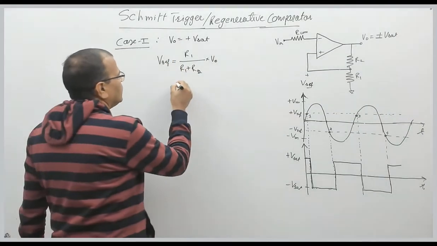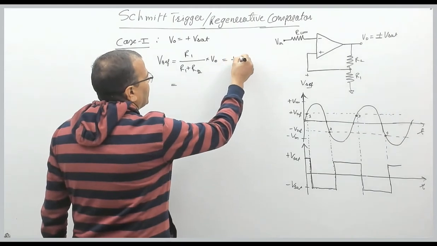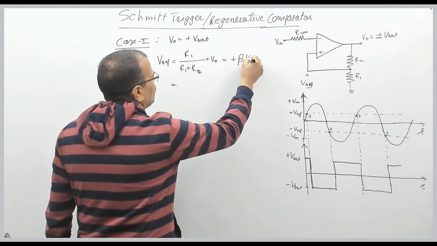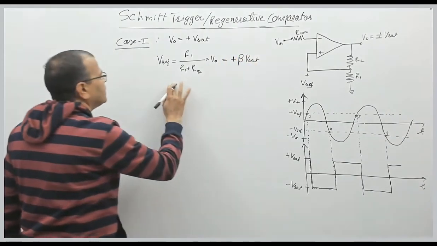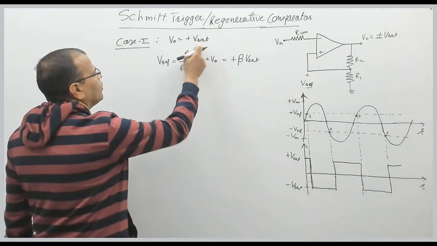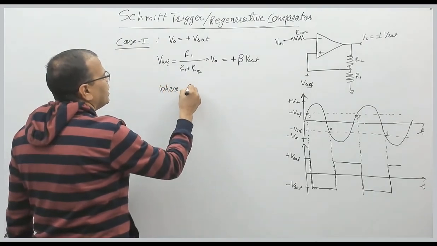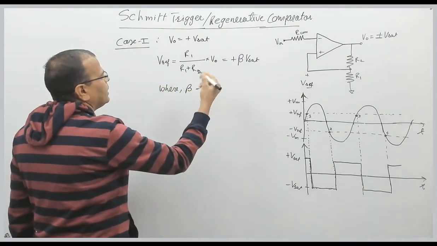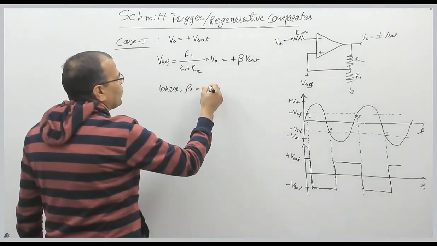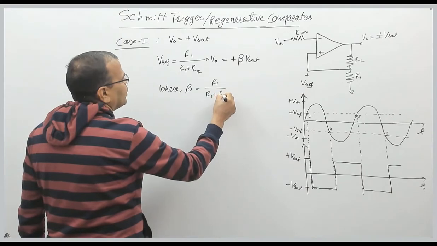So this is equal to plus beta into Vsat. Why plus Vsat? Because we have taken V0 equal to Vsat, where beta is equal to R1 by R1 plus R2.